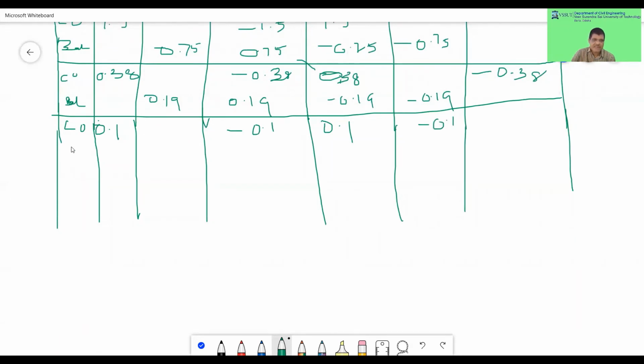Now balance it. Now we have come down to very close values, so balancing 0.1 gives plus and minus 0.05. We can stop here because we have come to values below 0.1.